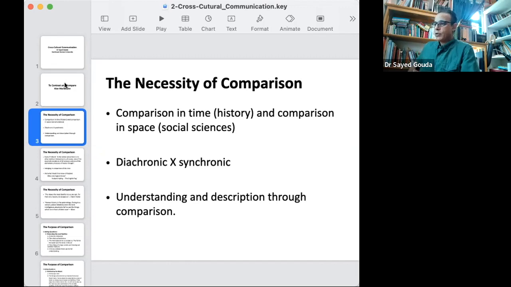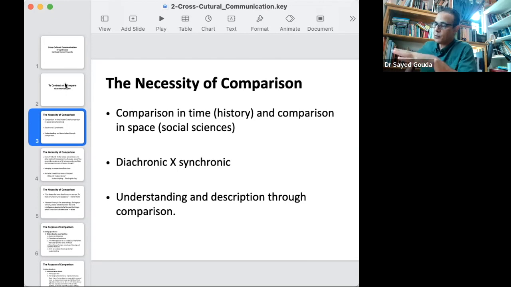Last week, Michelle asked me if the comparison will be in time between two different times. Of course, this is one part of having a comparison. Usually when we study history, we compare between two times, like ancient times and modern times. But in social studies, the comparison happens in space, not in time.